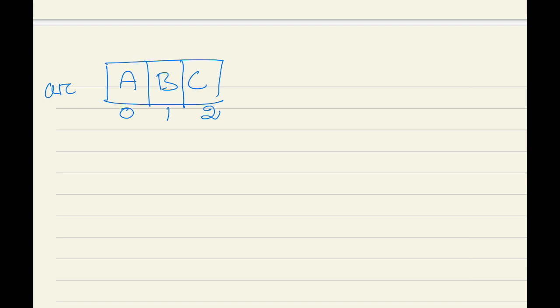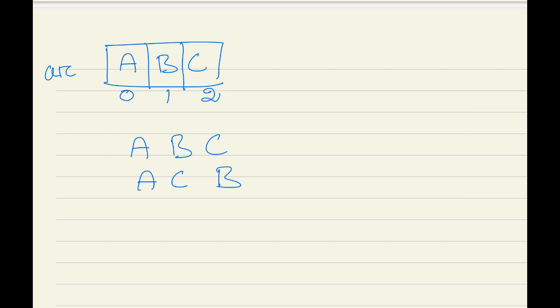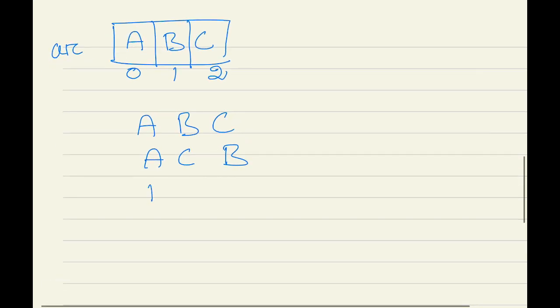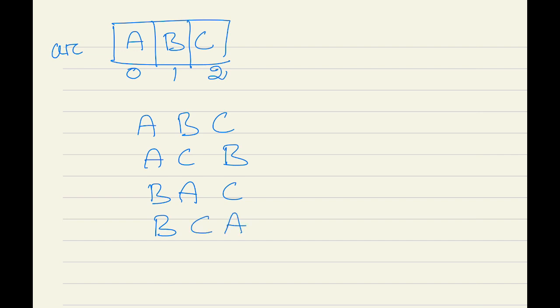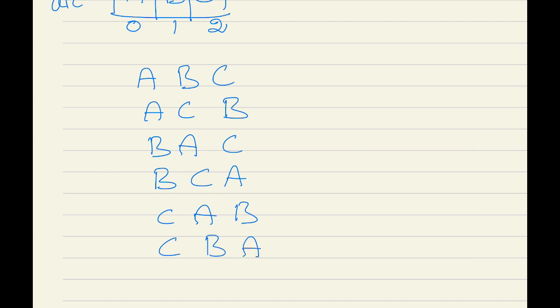Now the possible permutations are like we have discussed, A B C, then A C B, then B A C, then B C A, then C A B, C B A. So these are the possible permutations.